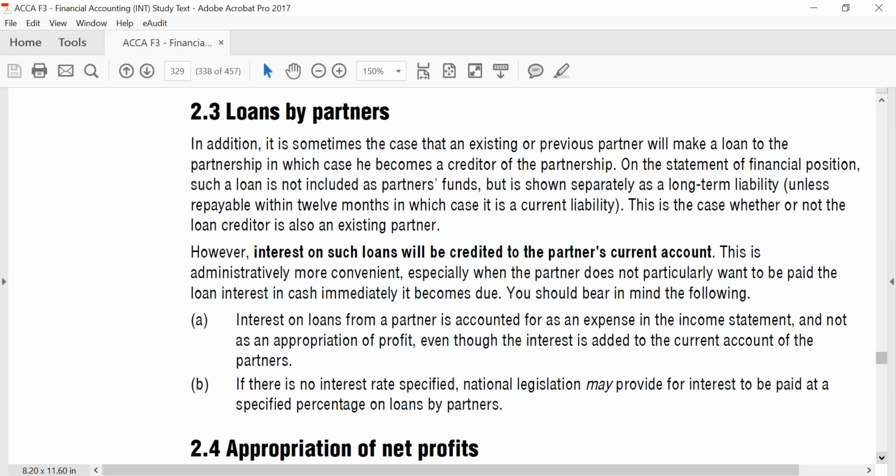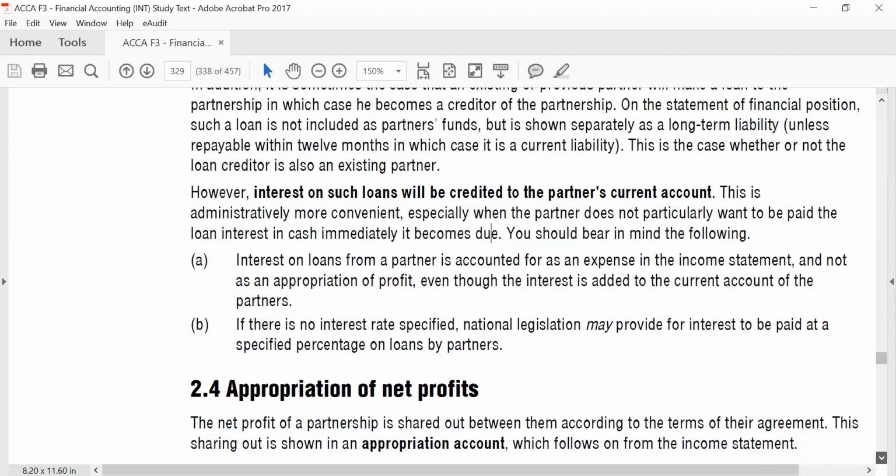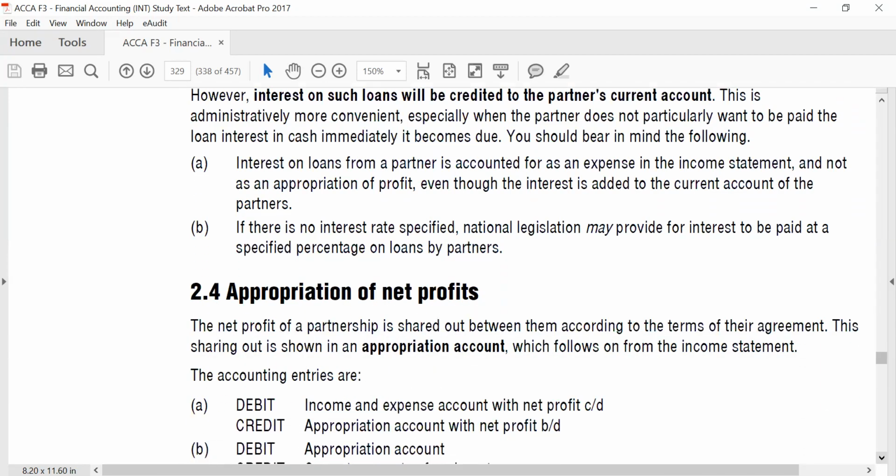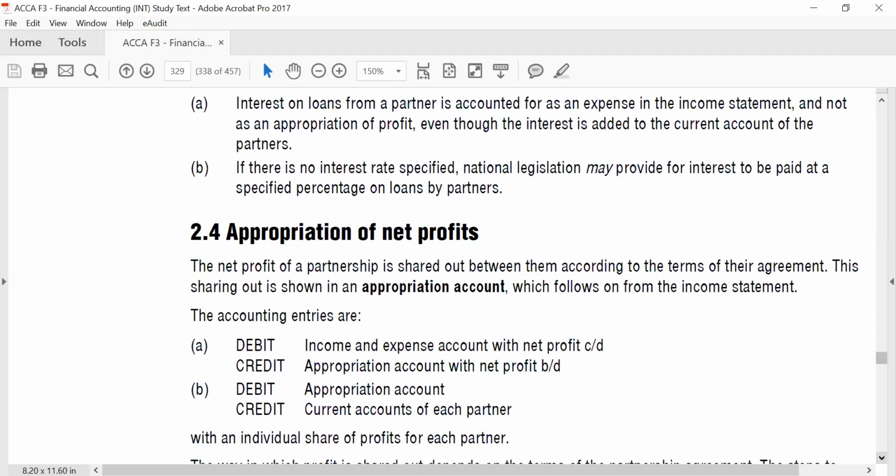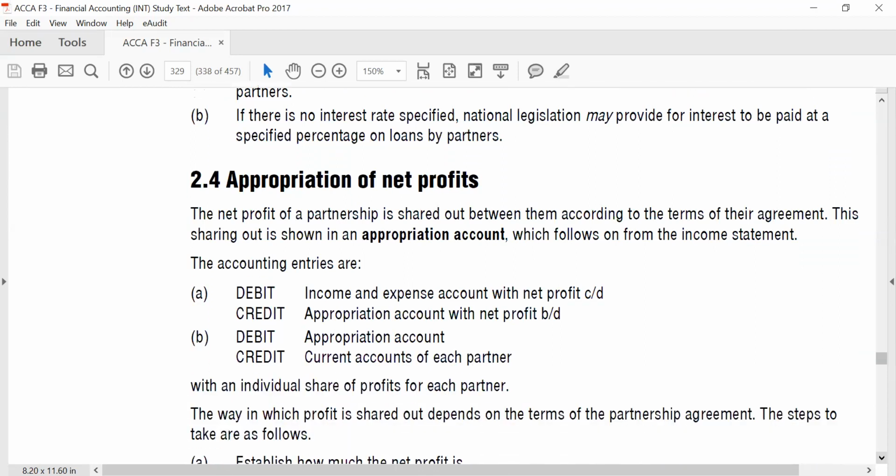Now we are going to see what we mean by appropriation of profits. Like we said, appropriation of profits happens after we have determined the net profit, the general net profit.